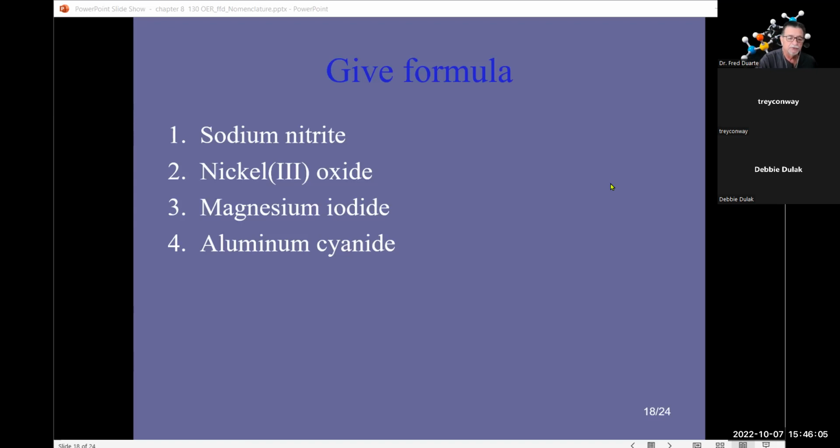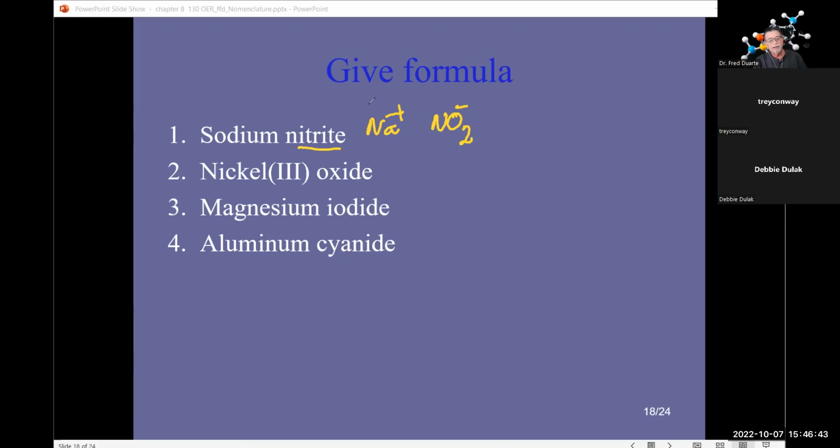Okay, here they're asking you to give the formula. Whenever you're given the name, the first thing you got to do is convert them to ions. So you got sodium, which is Na+, right? The nitrite sends you to the polyatomic ion table, and that's that species.